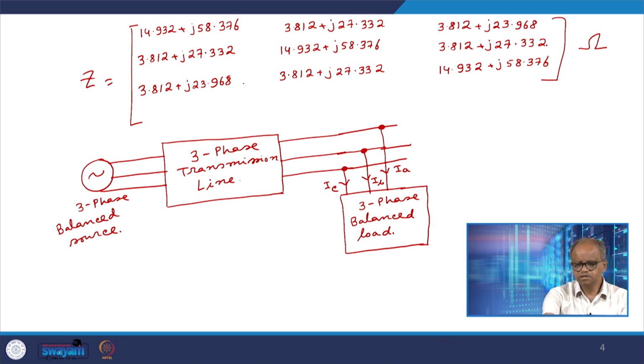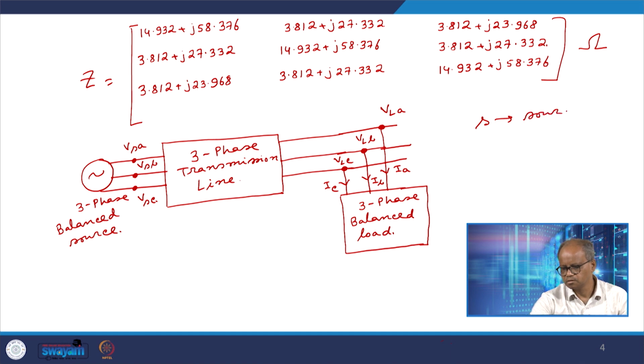Now, if this is the Z matrix, and if I say that the voltage at the source side is, let us say, VSA, VSB and VSC, and at the load side the voltage is VLA, this is VLB and this is VLC. S basically stands for source, and L stands for load.